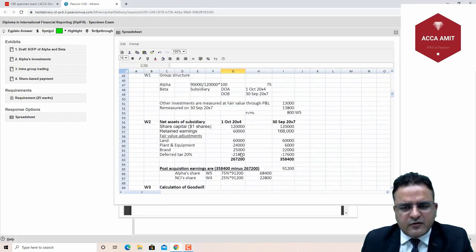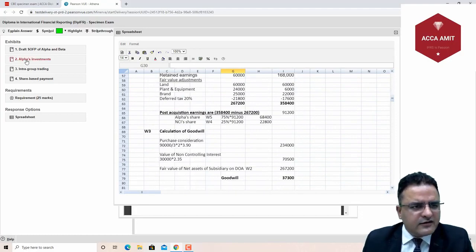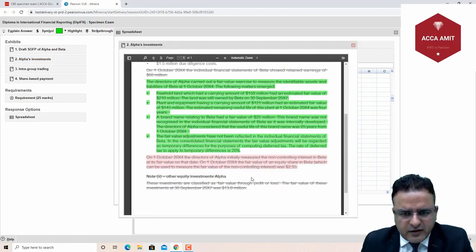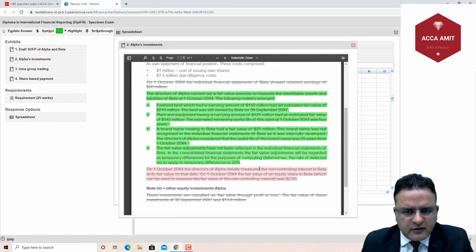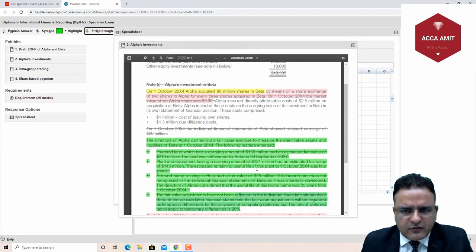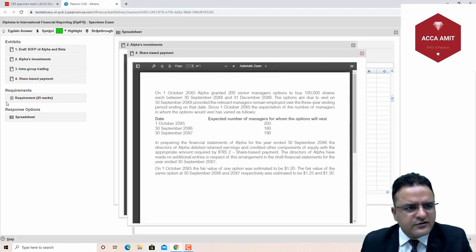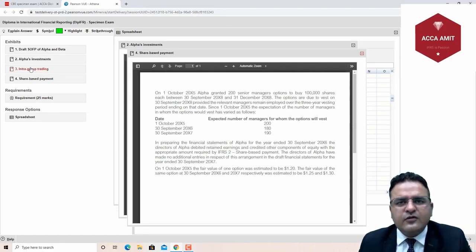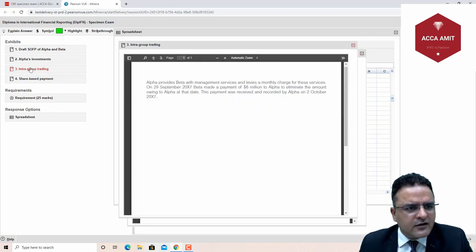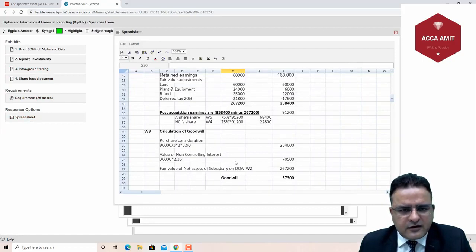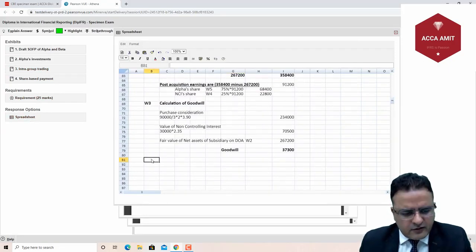So we'll see if there is any impairment of goodwill because we valued NCI at fair value. There is no information regarding impairment of goodwill. We have share-based payments, so we'll deal with the share-based payments question once we have dealt with working note number 4 and working note number 5. We'll see to it. So exhibit 2, exhibit 3 is done. Let's move on to complete working note number 4. Working note number 4 is non-controlling interest.